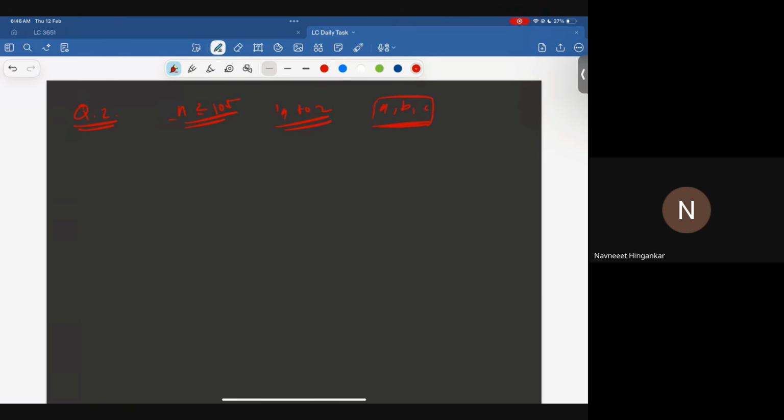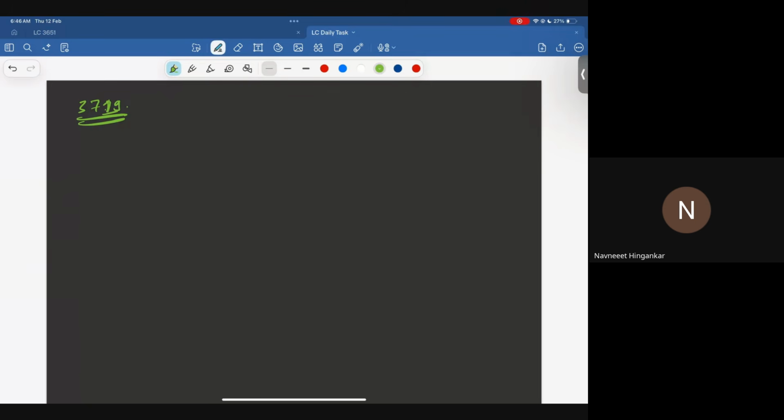Let's solve that first. If it was just related to this task we would have done it, but it's not related, and we will waste more time and not be able to discuss this one.